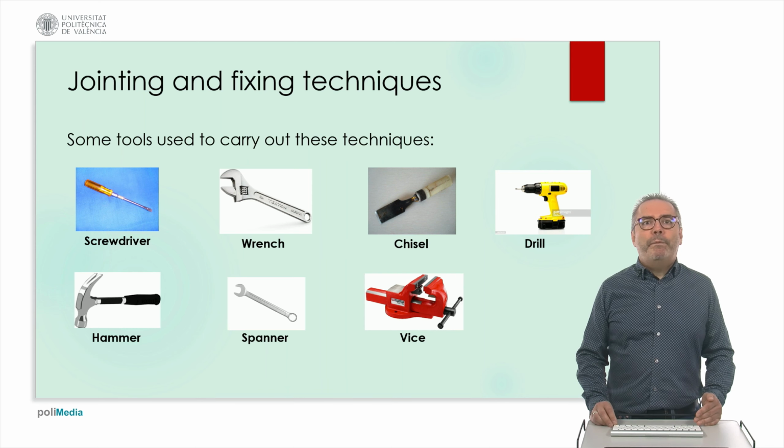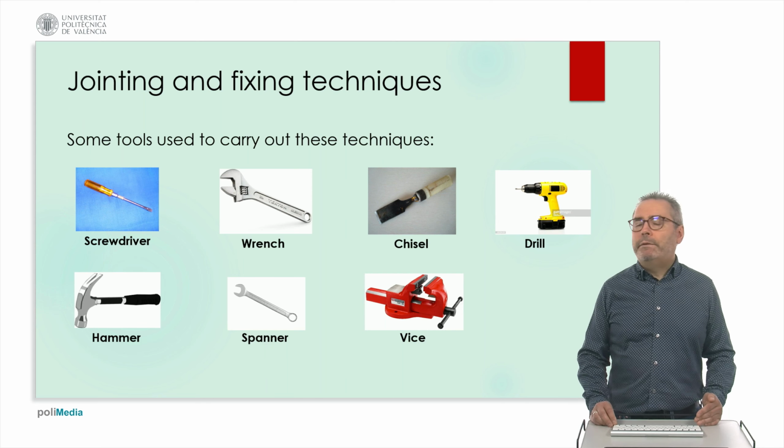Here we have some of the tools and machines or pieces of equipment that we need in order to use these manufacturing and joining and fixing techniques. Screwdriver, the hammer, wrench and spanner, which are sometimes used with the same meaning, but they are slightly different.